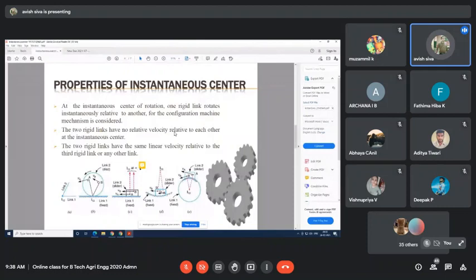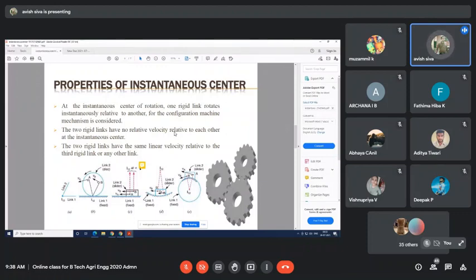So remember the question: when the slider moves on a fixed link having a straight surface, that is very important, the instantaneous center lies at infinity.